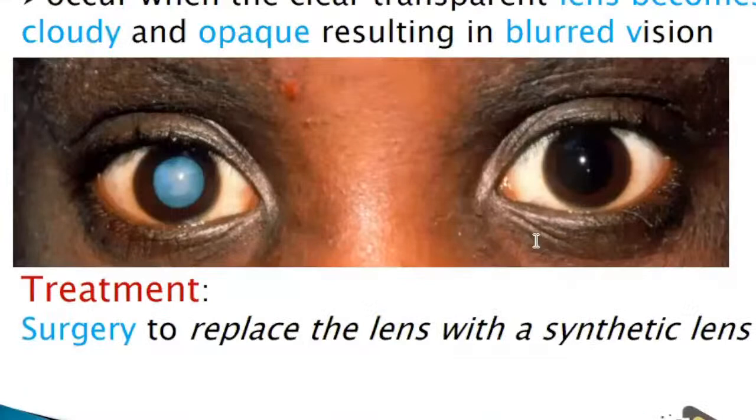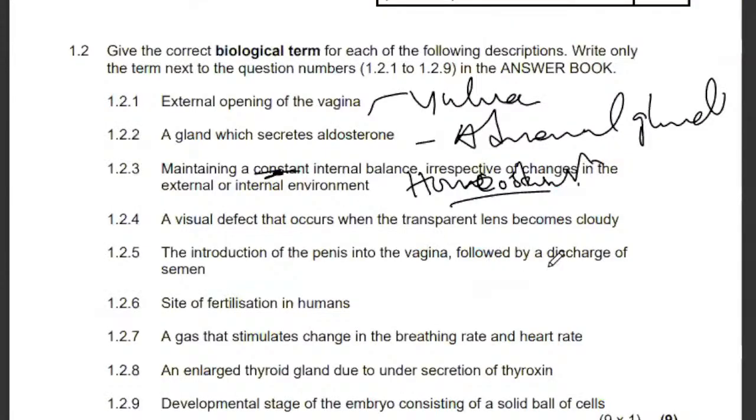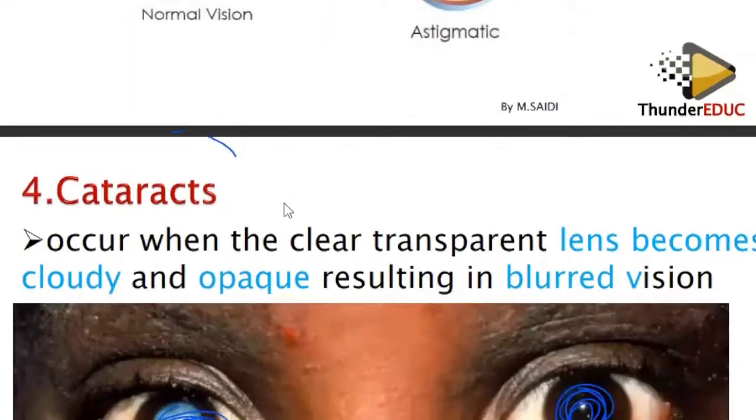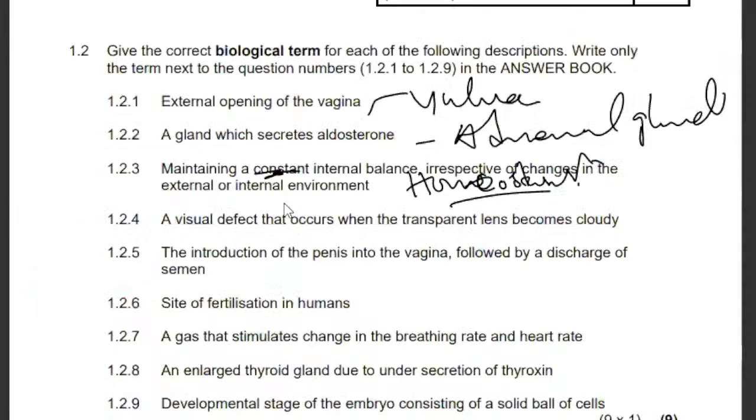The normal eye is supposed to look like this, but once it becomes cloudy, the light cannot go through. So it becomes opaque. Therefore the answer is cataracts. I know the people who use the distinction material got distinctions.